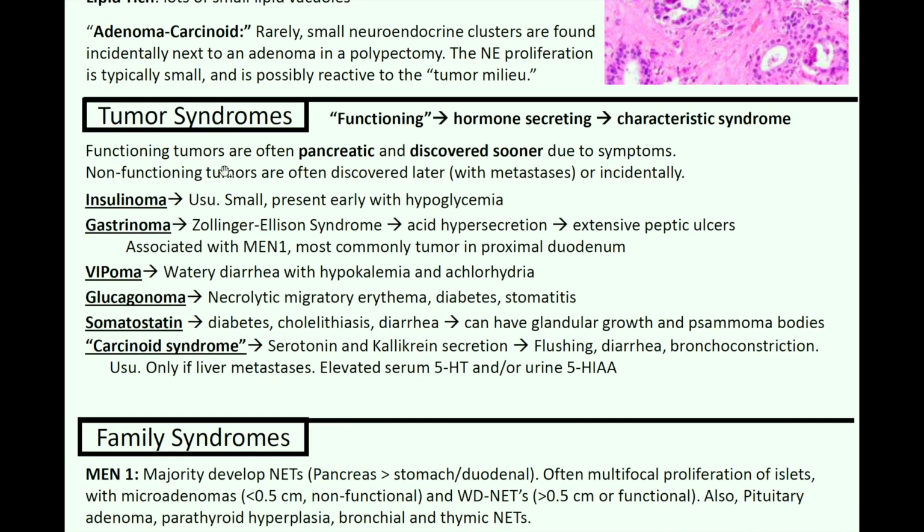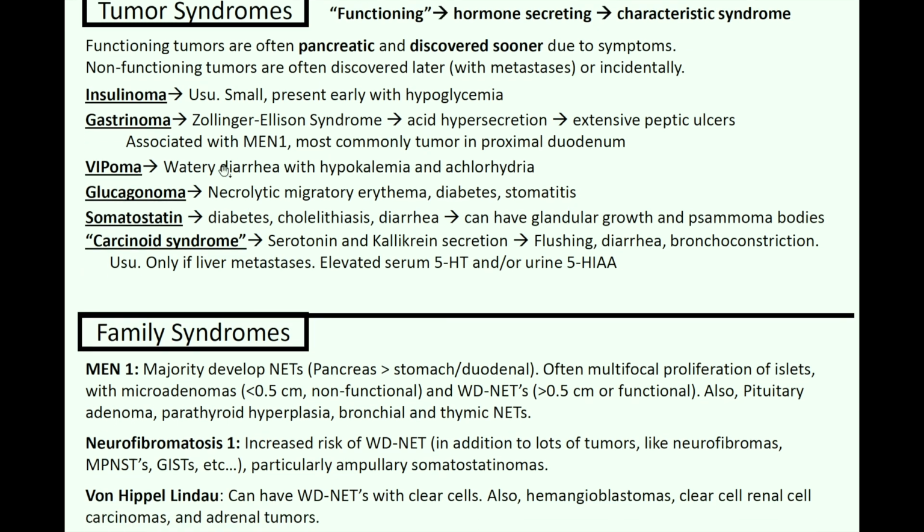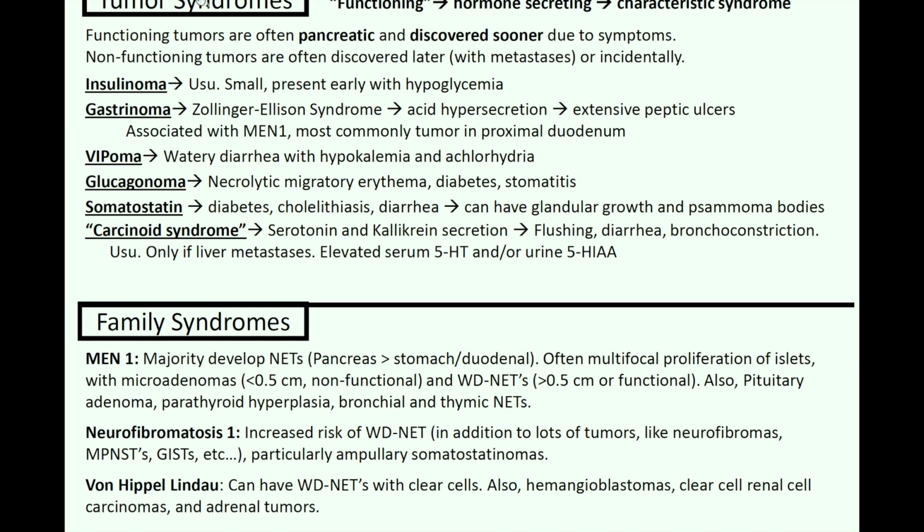Moving on, some tumor syndromes. Be sure to check out our GI tumor syndromes video that I just recorded, but we'll go over a little bit here the ones associated with neuroendocrine tumors. If it's functioning, that means it's hormone secreting and can have a characteristic syndrome. Functioning tumors are often pancreatic and discovered sooner due to the symptoms that they cause from the hormone production.